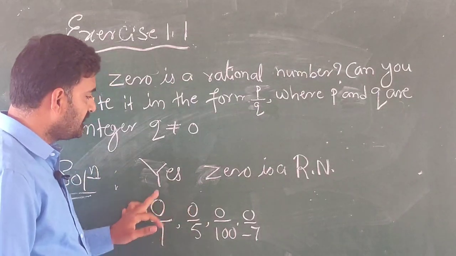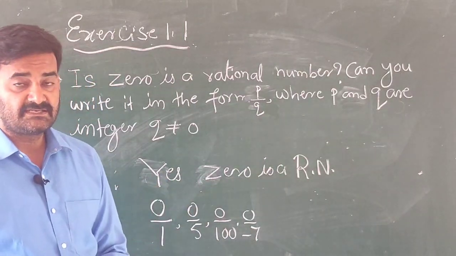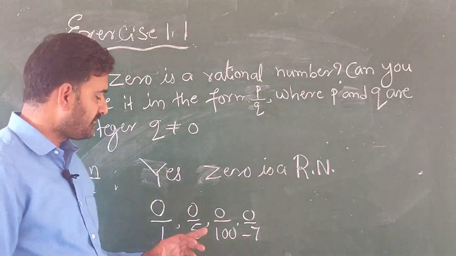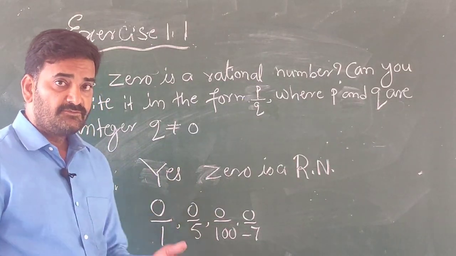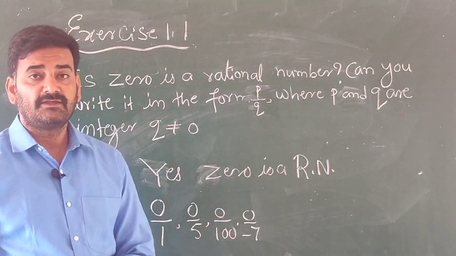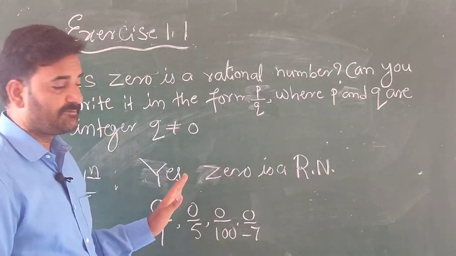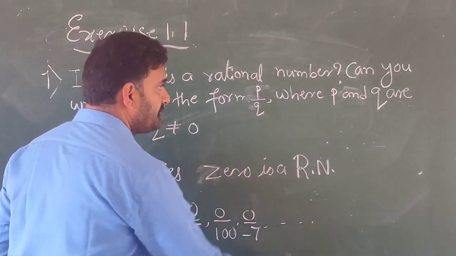So that's why 0 is a rational number and we are able to write it in the form of p by q. Okay, these are the examples.